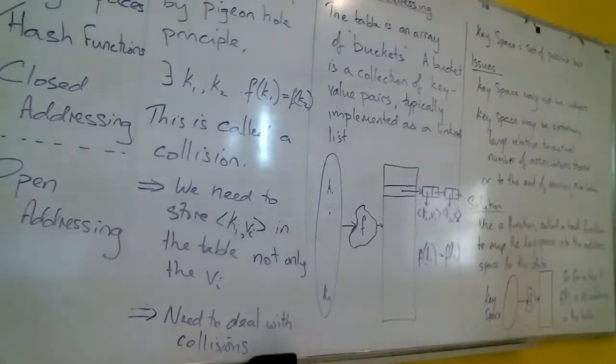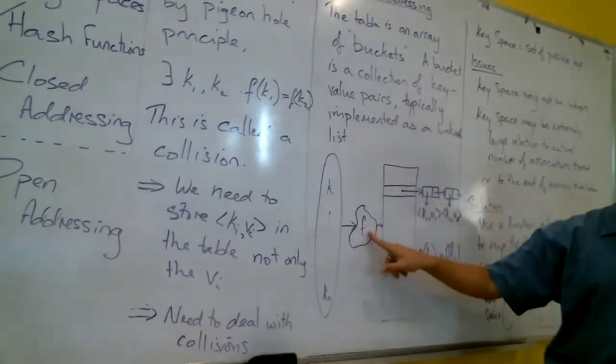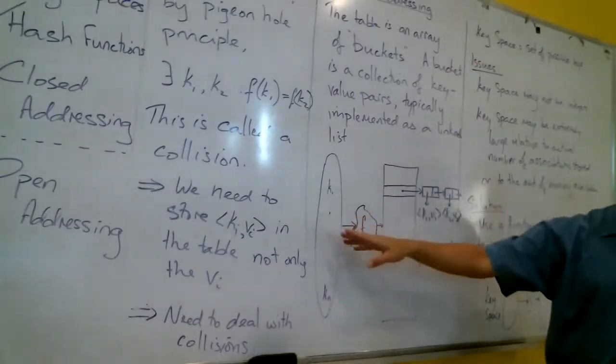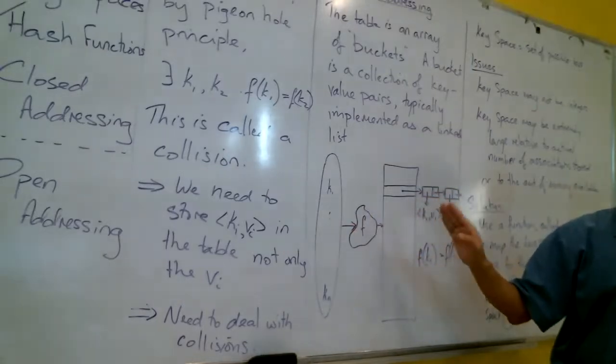Closed address hashing says, don't care how many things collide, put them in the same place at the same address. And that's why it's called closed address, because once you've figured out the address based on what F says, given a key, that's where it has to live. Got that?